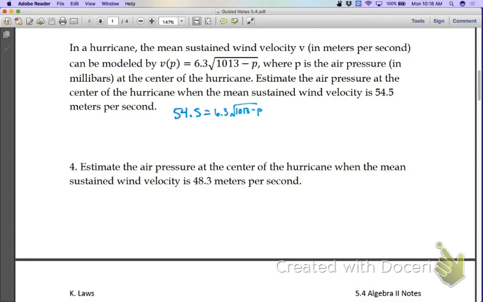Now, in this case, you're going to need to estimate. If you want to be as close as possible, as you go in your calculator, I would just leave your numbers in there. Okay? If you're going to write it step by step, then you're going to need to round as you go, because whenever I take 54.5 divided by 6.3, I'm going to get 8.6507, and so on and so forth.